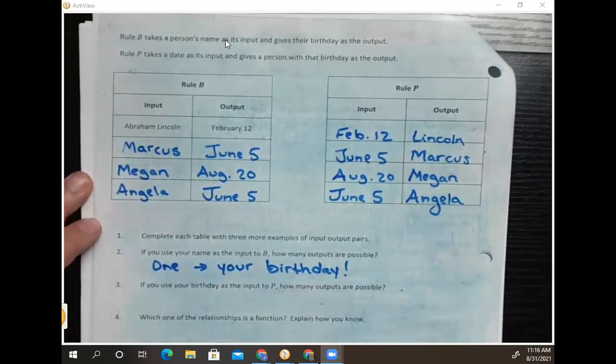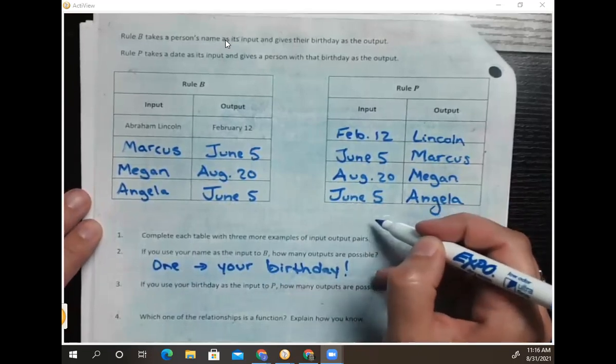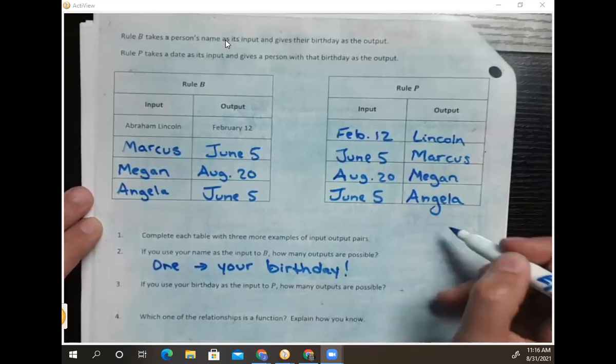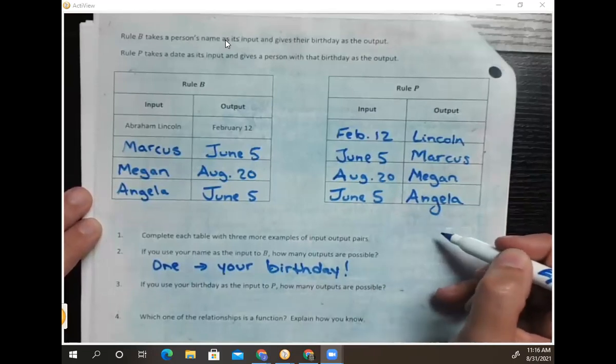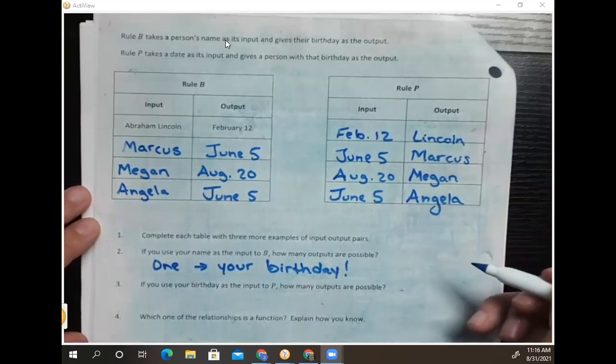Now, let's say we list your birthday in our input-output table. If your birthday is the input, how many possible outputs are there? We put your birthday in.